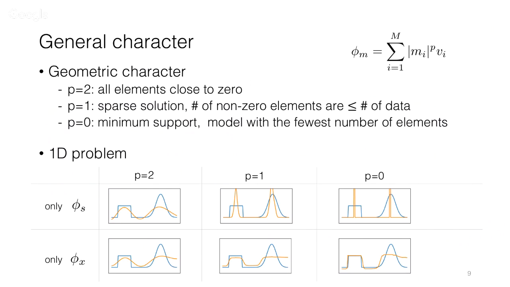If we chose p equal to 1 and minimized that, p equal to 1 gives you a sparse solution. It's a sparse solution in which, if you do linear programming, it guarantees that the number of non-zero elements is less than or equal to the number of data.